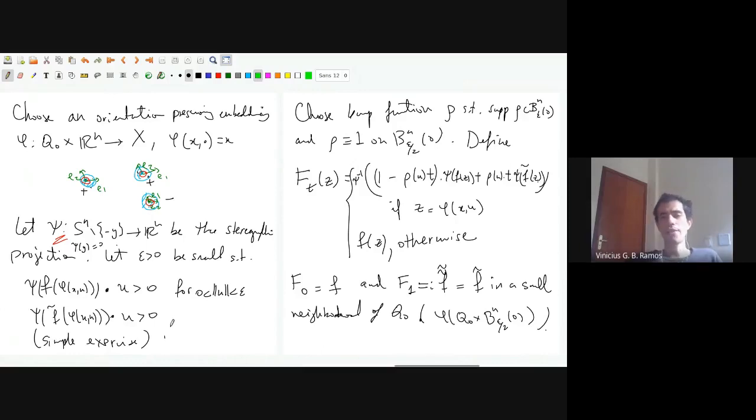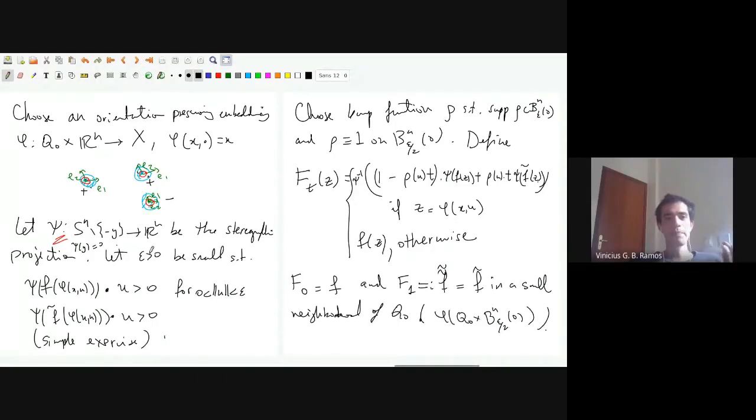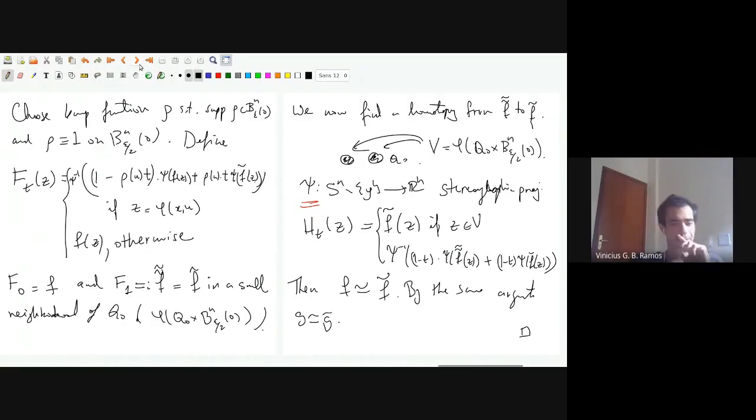And as you homotope, you might be creating other points. Okay, that makes sense actually. This is the one part where you really need this positivity.